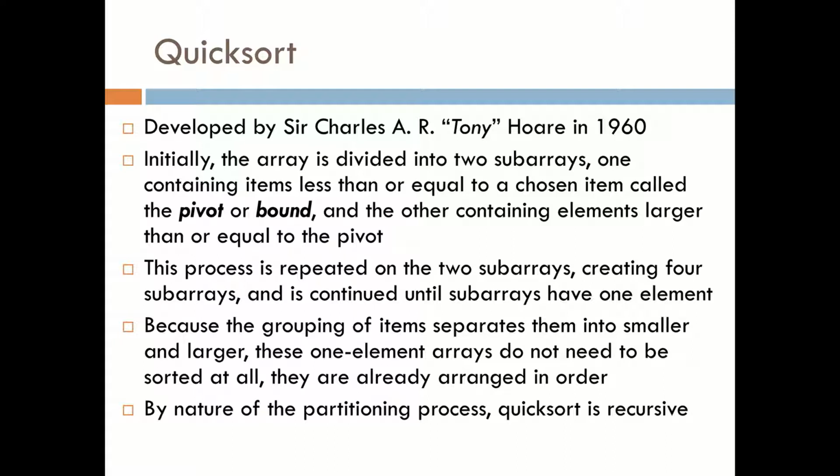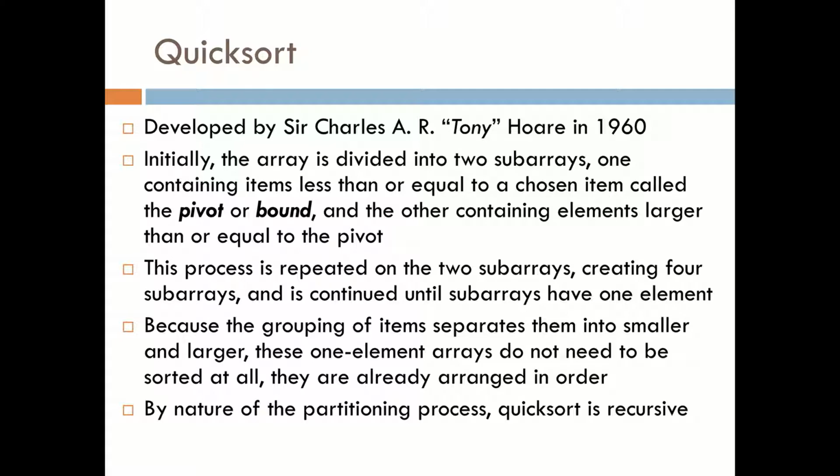So the calls are recursive, and just like in merge sort, when we get all the way down to where we only have one element, then one element by itself is sorted, and the recursion unwinds at that point.